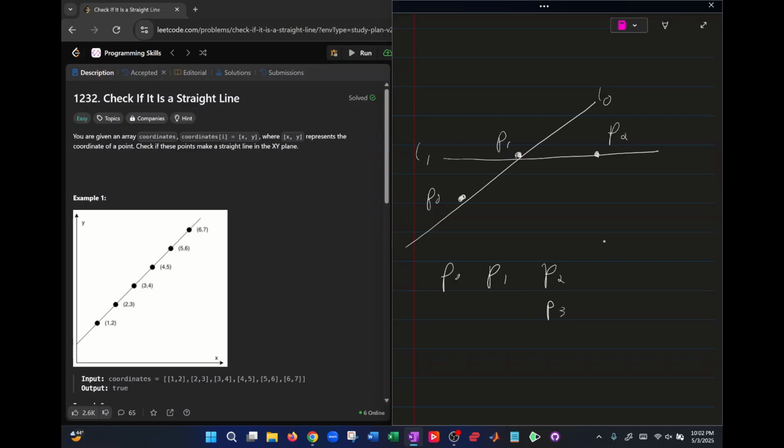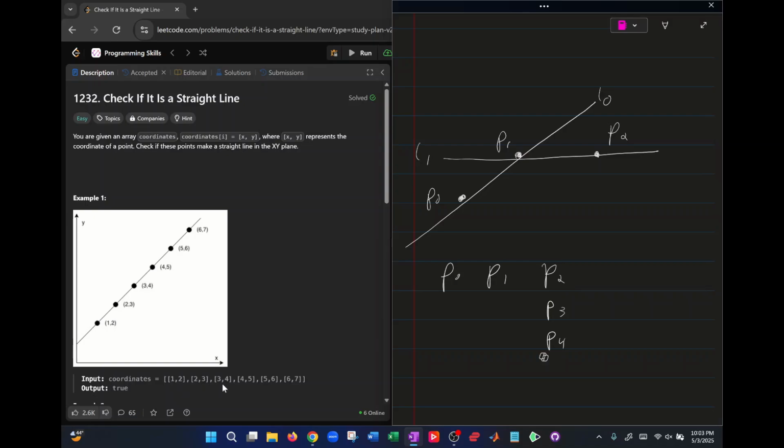Then we compare that to the slope between P1 and P3, compare to the slope of P1, P4, etc. until we get through all of the points in this list. So that's going to be our approach, that we're basically going to loop through the points.